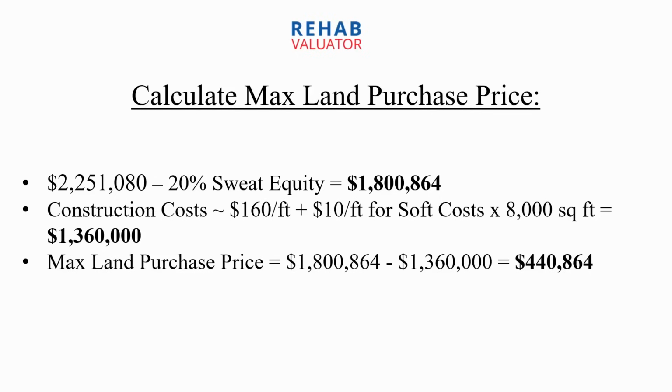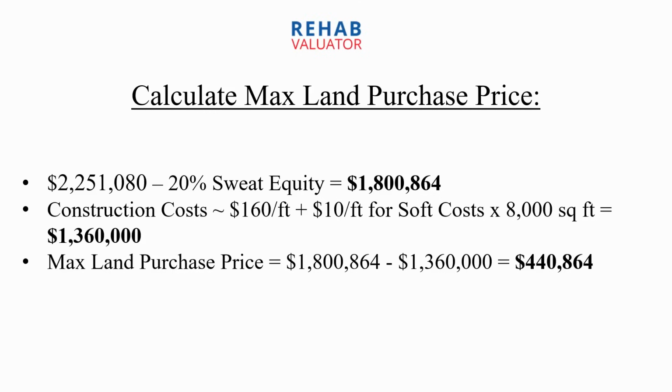So I'm going to back out from the value of my building my sweat equity and my total all-in costs to build. And I'm ignoring closing costs and financing costs here to keep this simple. But what you really should do is also back out your closing costs when you're buying the land and financing costs.